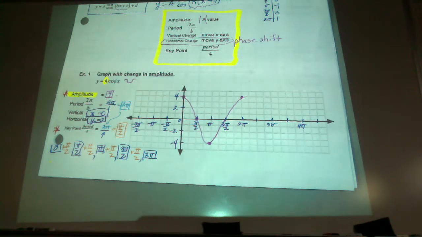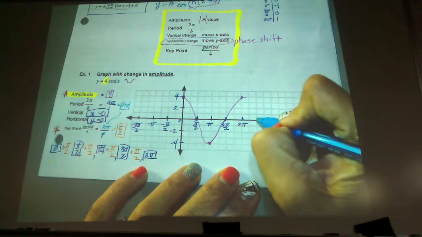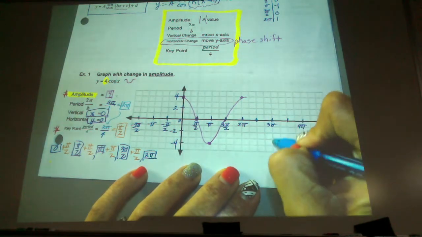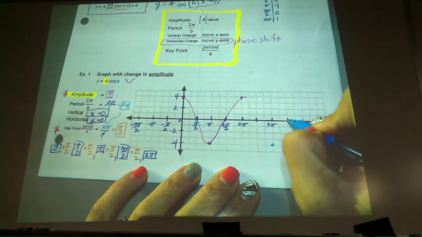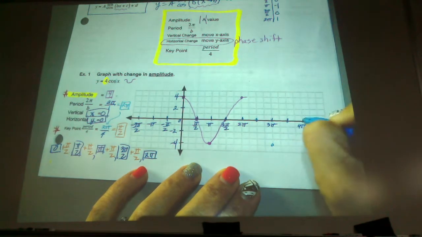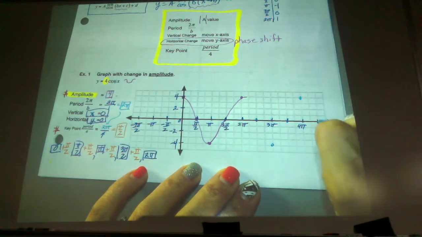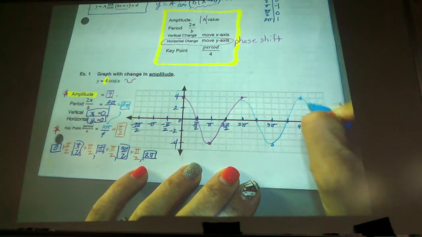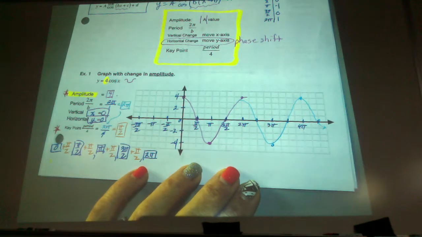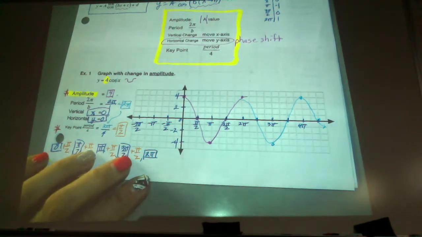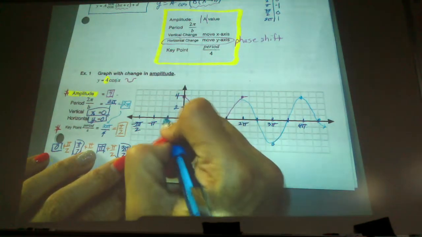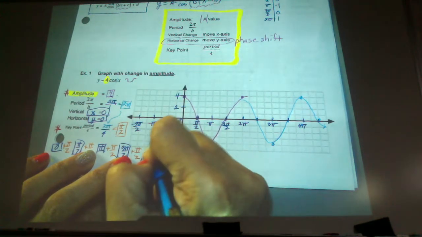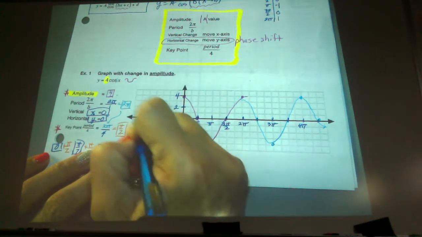Upside down bell curve, sideways C, right? Then you can fill in the rest of the pattern. So I started up, so I go to 0, then down, then 0, then up, then 0. Then on the left, I already started up, so I want to go to 0, down, 0.